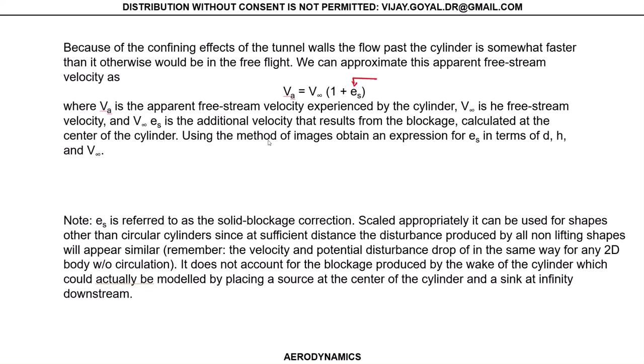You may want to take a pause and maybe take a screenshot of this whole thing. Basically, A is the apparent free stream velocity experienced by the cylinder. To find that, we say this is 1 plus something else, and we want to find that something else in terms of d, h, and your velocity v.